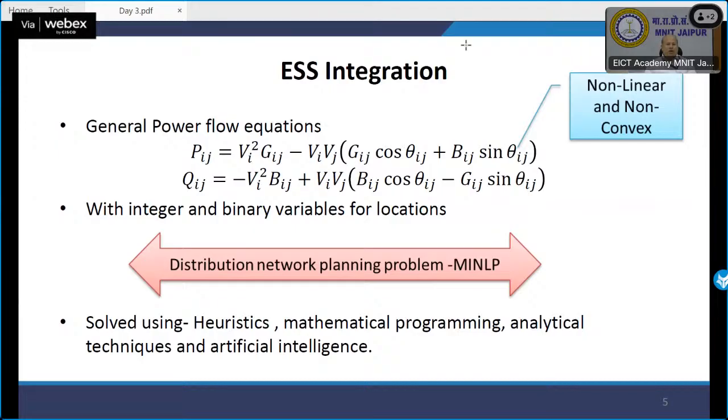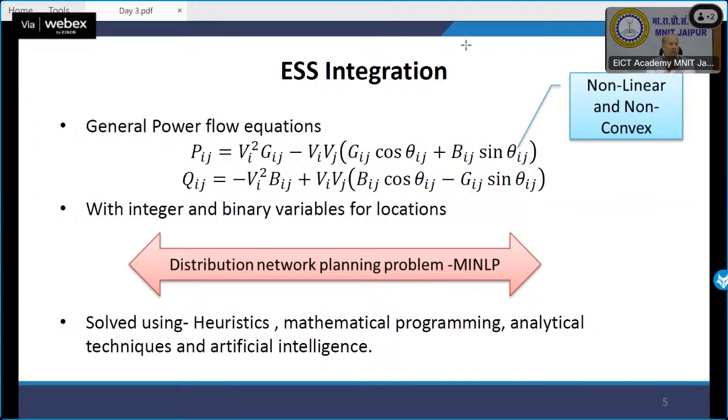Now, because the battery is operational, the location will be represented by a binary variable. If there are 10 locations you choose to be the priority, and you would like to put two batteries, then out of a string of 10 locations, each could be zero or one. So at any given point of time, you will have two ones and the remaining eight are zero.